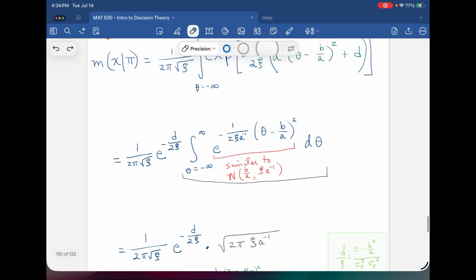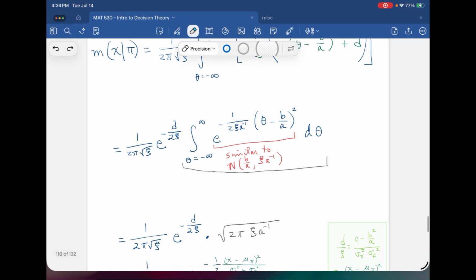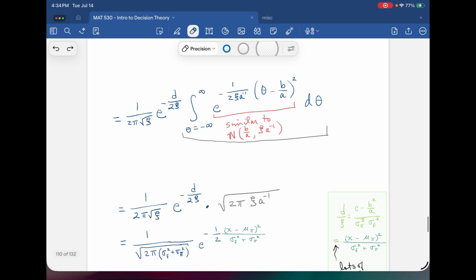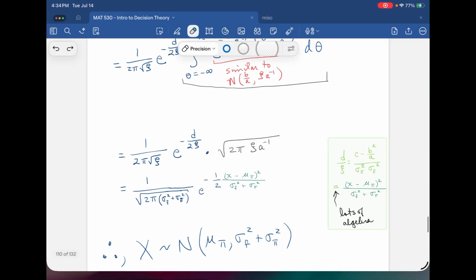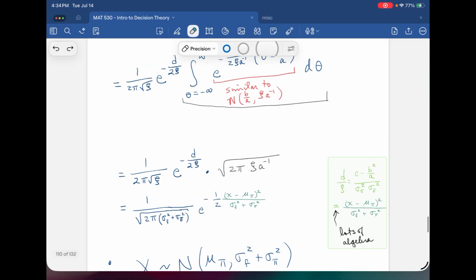So now we need to simplify this and try to decipher what we have here. And what that is equal to is what you see here. But there's a lot between those two equal signs. So the first thing is to focus on this d over squiggly, which I've made note of over here.